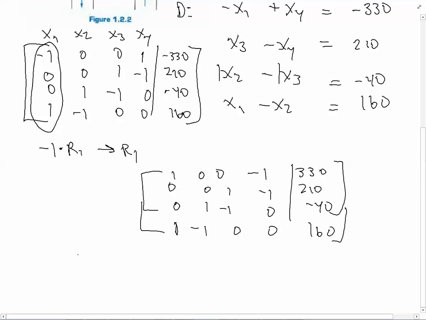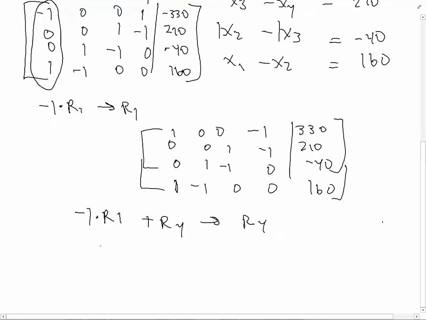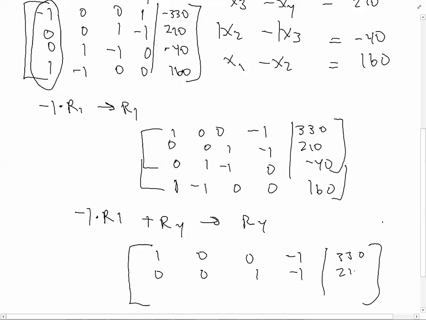So I'm going to take -1 times row 1, and I'm going to add it to row 4, and leave that result in row 4. So that would give me the same matrix, 1, 0, 0, -1, 330, 0, 0, 1, -1, 210, 0, 1, -1, 0, -40.